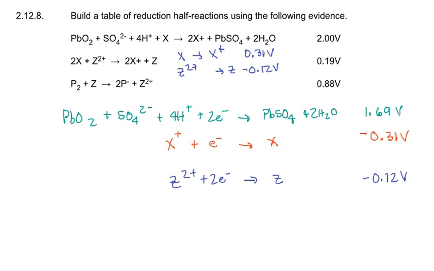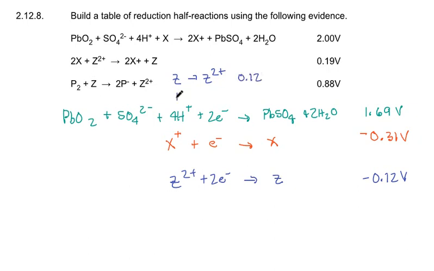All right, and now that we have that, one more step. In this last reaction, we have Z turning into Z2. That's the opposite of this reaction, so we'll get the opposite voltage, 0.12.